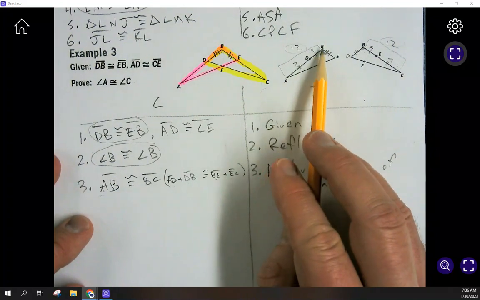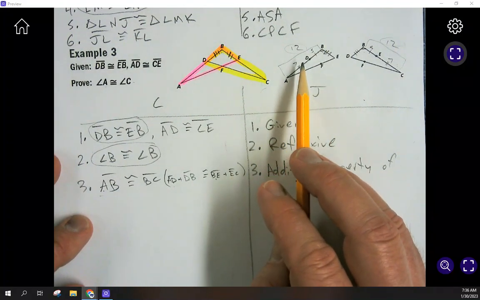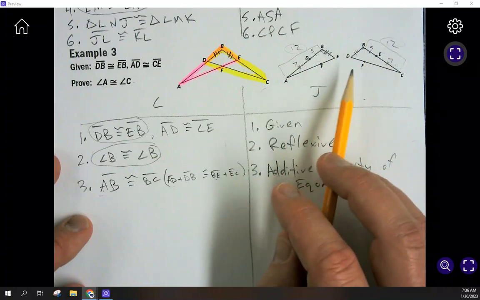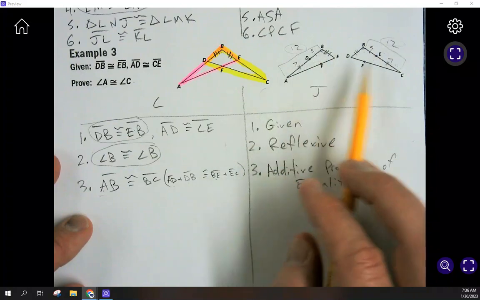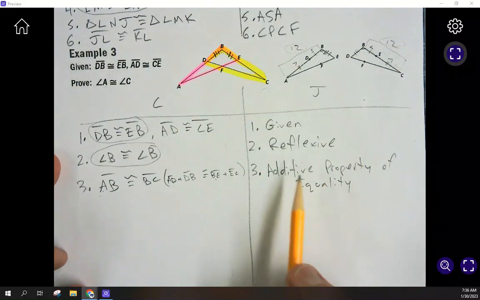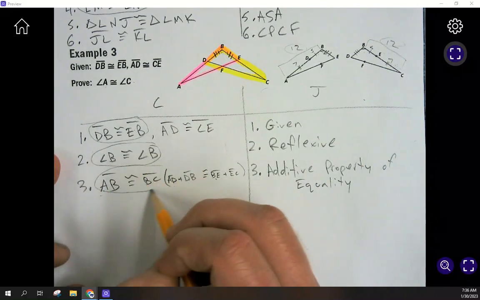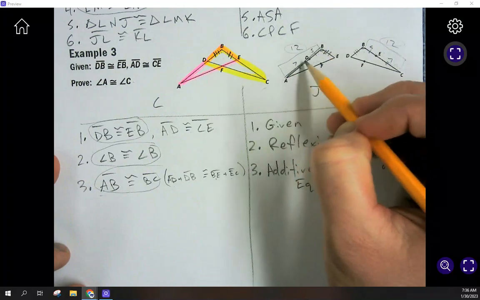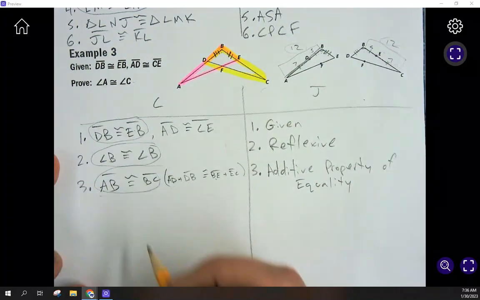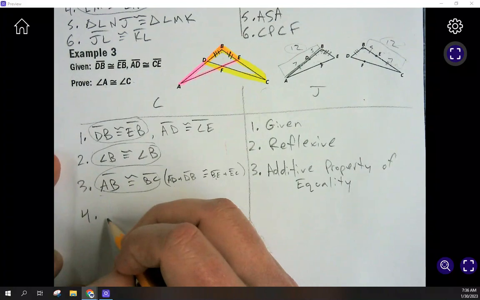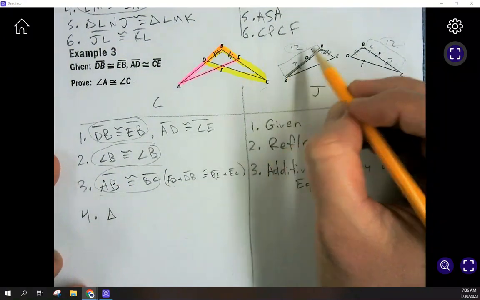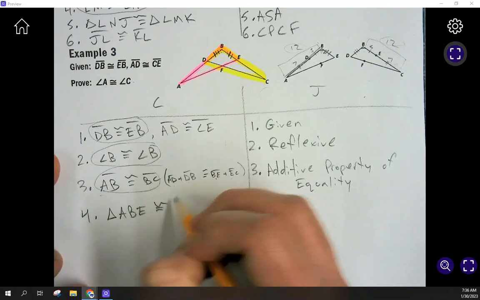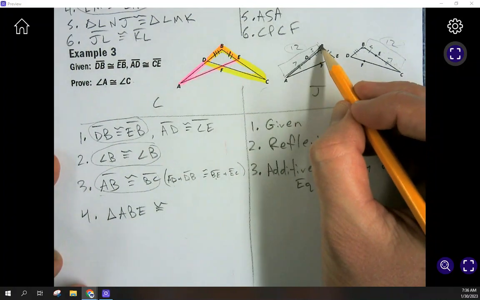You know that this longer side of the triangle is split up into two pieces that are congruent to the same other two pieces, the corresponding ones in the other triangle. Therefore, the whole side must be congruent. And so now we've got this whole side equal to this whole side. So we've got side, angle, side. We've got enough information to knock this out. So let's call this triangle ABE. Longer side to angle B and then over.